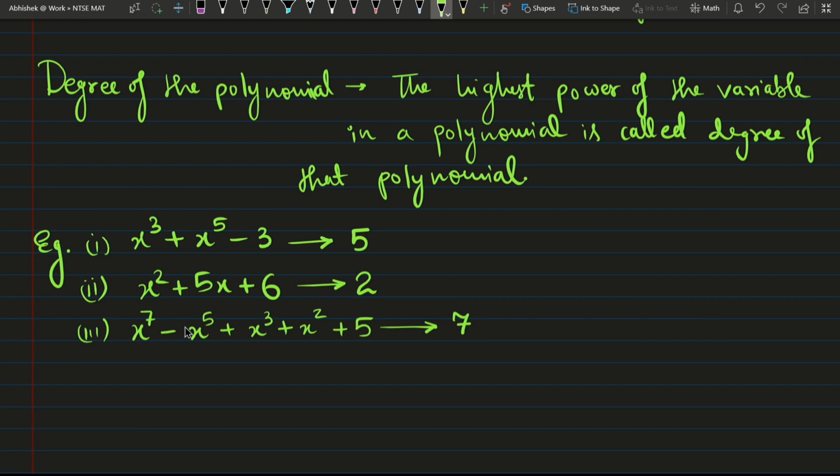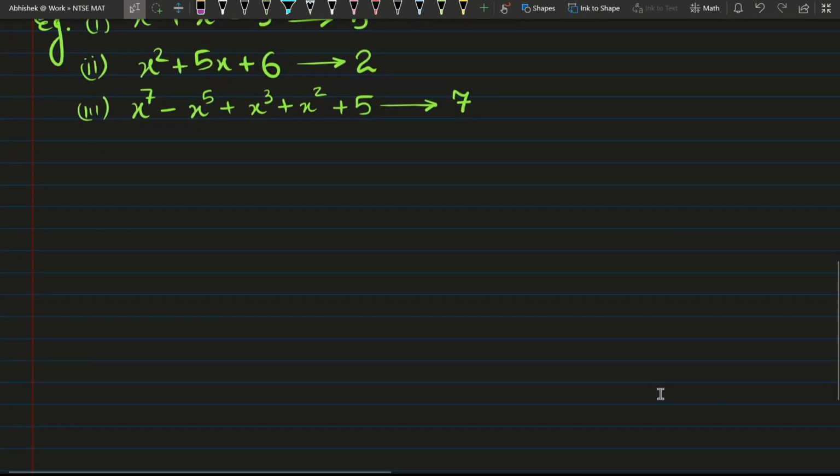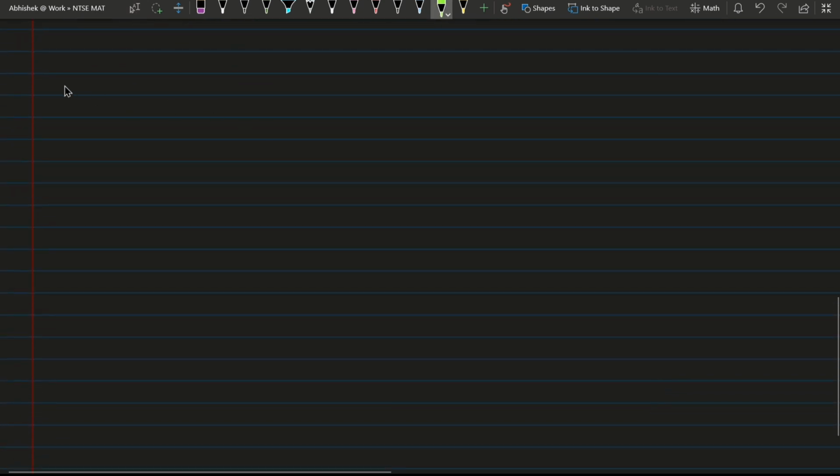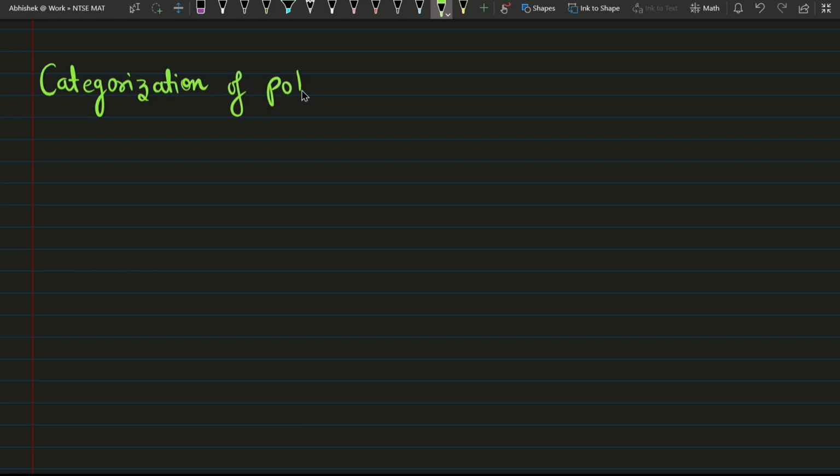Now let's start with the categorization of polynomial. If we discuss categorization of polynomial, there are a lot of aspects we have to discuss. We can categorize a polynomial on the basis of two things.